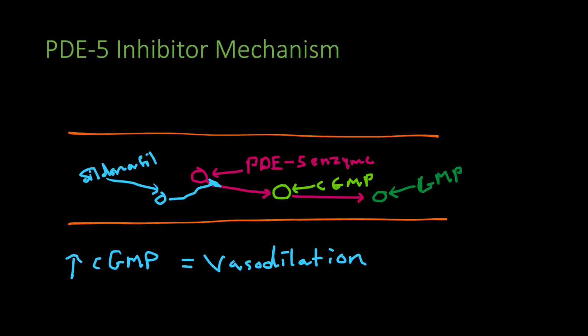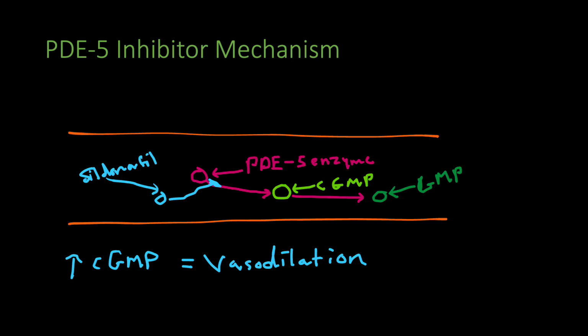And then you have PDE5 inhibitors. We already talked about them a couple of times in the past. You've probably seen a short on it. Now I'm just explaining it from a different perspective. Like sildenafil, tadalafil, one of those nitrate type of drugs.